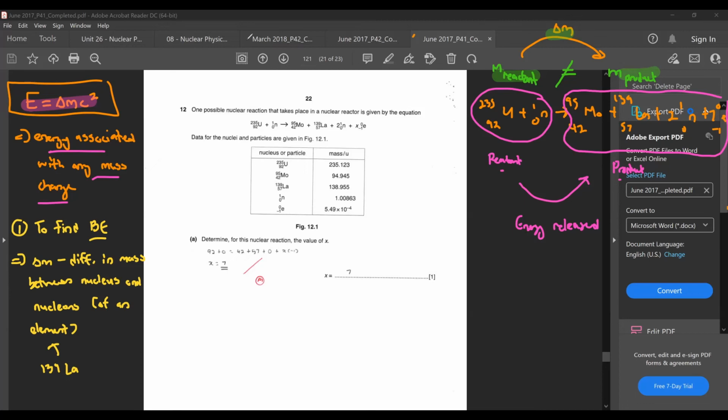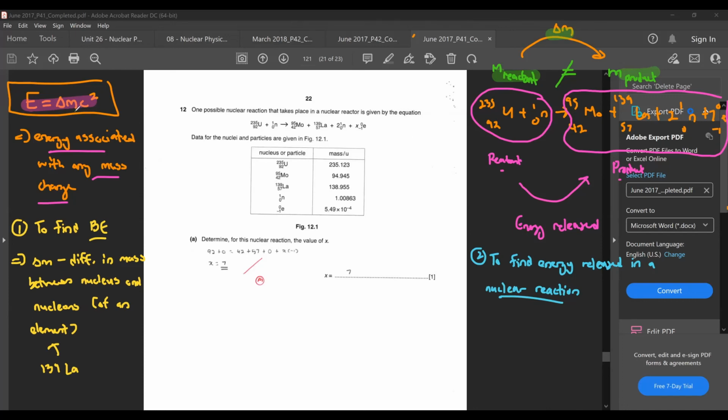You can also use that same equation, E equals delta M C squared, specifically to find energy release in a nuclear reaction. This is not binding energy, mind you. We are talking about the energy change or energy release that came about from a nuclear reaction.